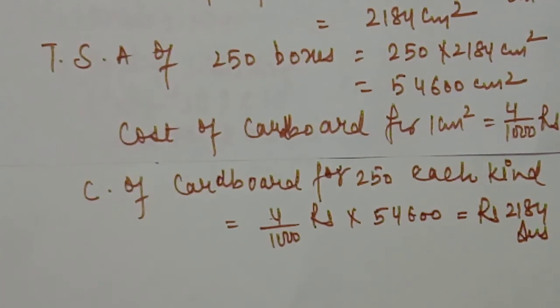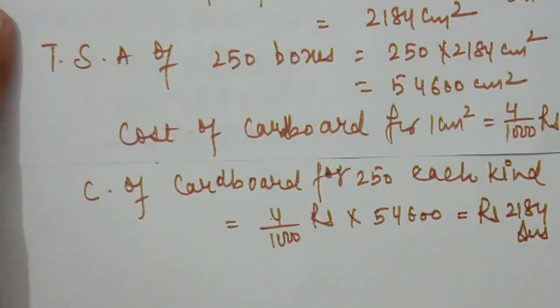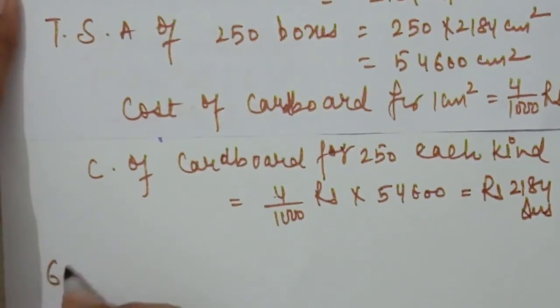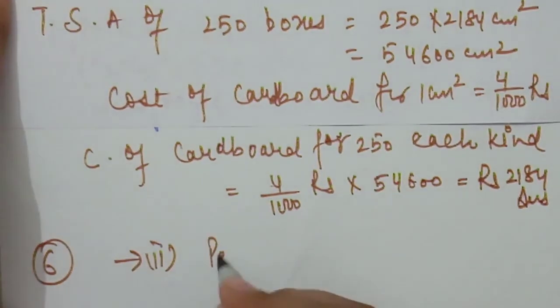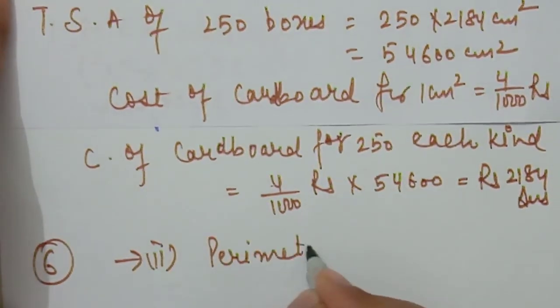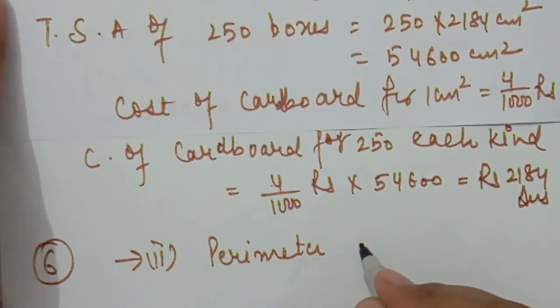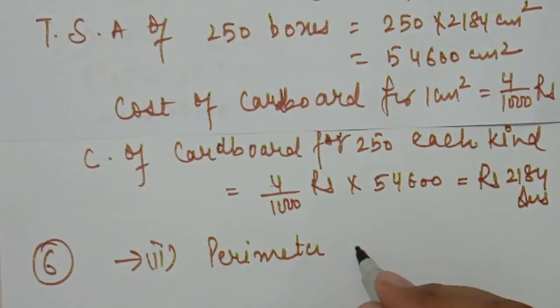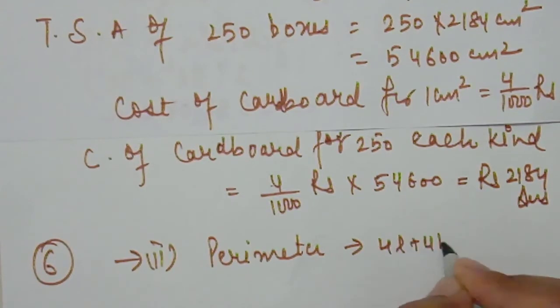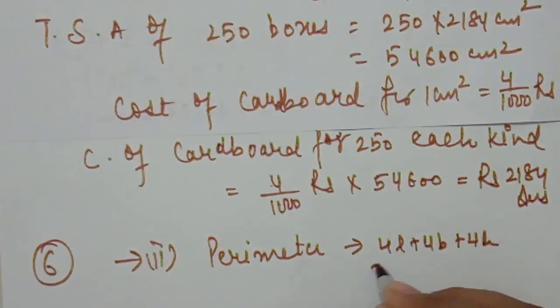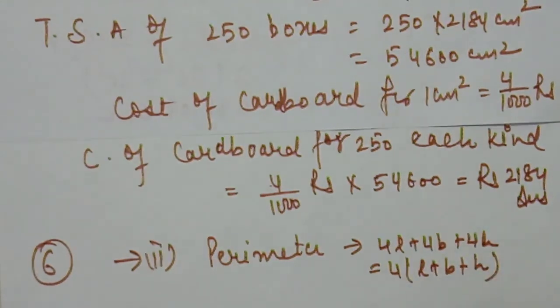In a cuboid we have 4 lengths, 4 breadths and 4 heights. So I am giving the hint for question number 6, second part: the perimeter of the cuboid. It means if we are going to find the total tape which we are pasting on the 12 edges, it is 4 length plus 4 breadth plus 4 height. We take 4 as common, then this is the formula for that part.